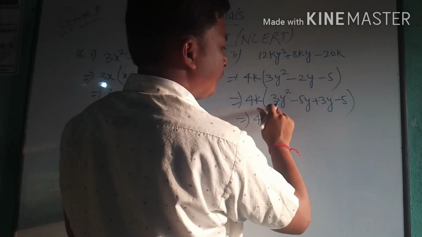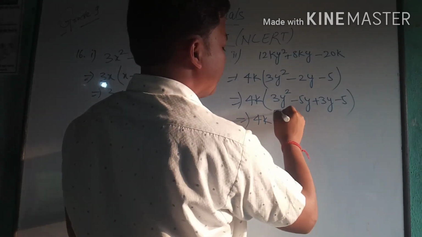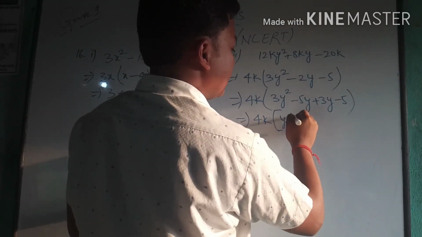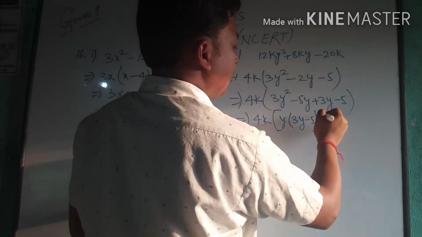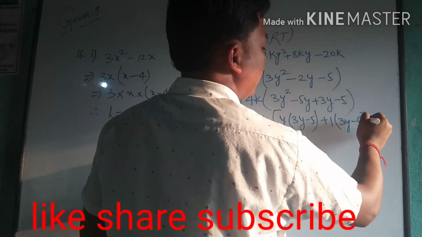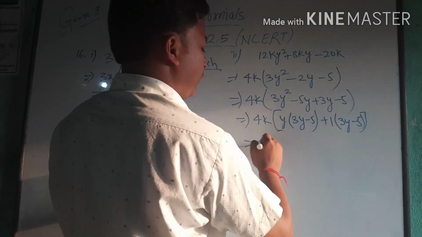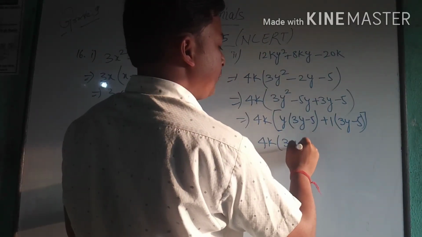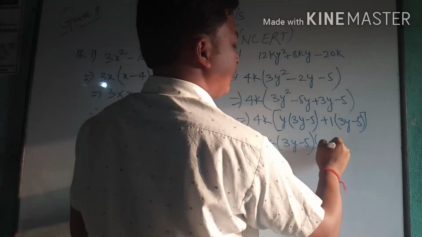In the first two terms, y is common: y into 3y minus 5, and in the last two terms 1 is common: 3y minus 5. Now we have 4k into 3y minus 5 into y plus 1.